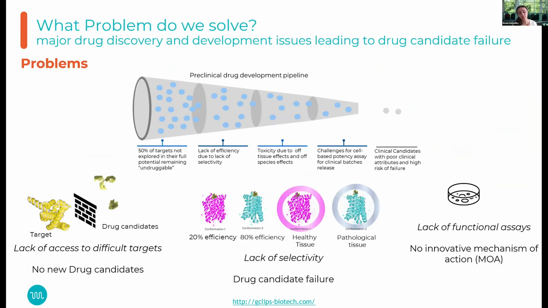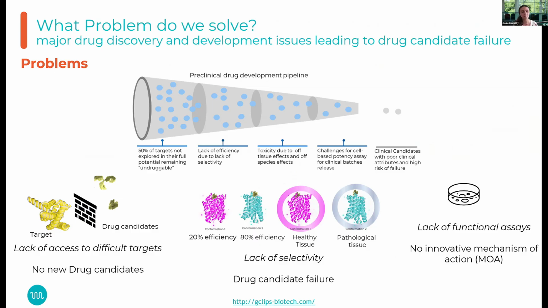So at G.CLIPS, we realized, as many of you have seen, of course, that we have some problems that we need to mitigate whenever we are working with these complex proteins for antibody discovery.